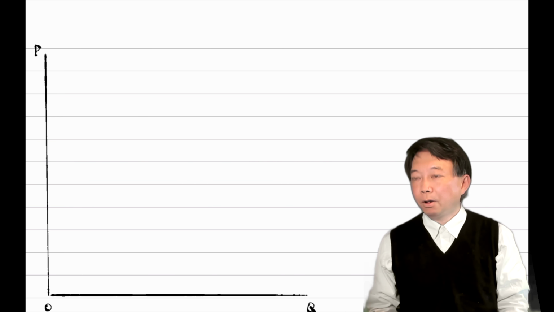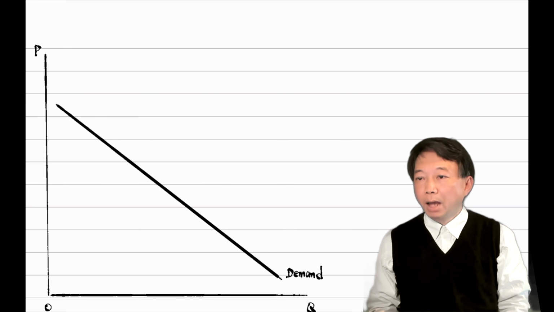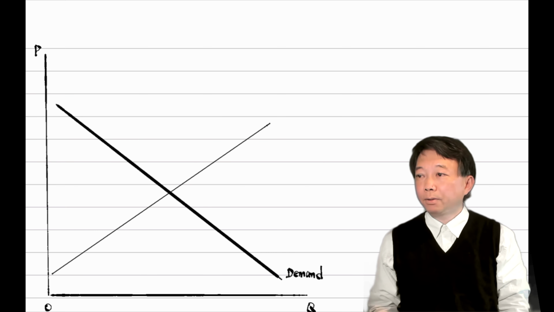Holding other factors constant, consumer demand for a good generally decreases as price increases, meaning that demand and price move in opposite directions. As a result, the demand curve slopes downward. On the contrary, firms increase the supply of a good as its price rises, meaning that supply and price move in the same direction, causing the supply curve to slope upward.